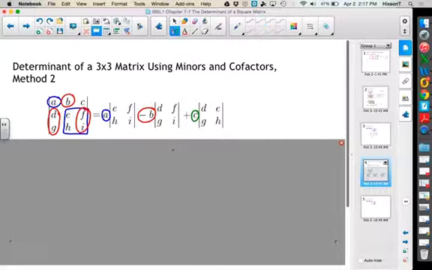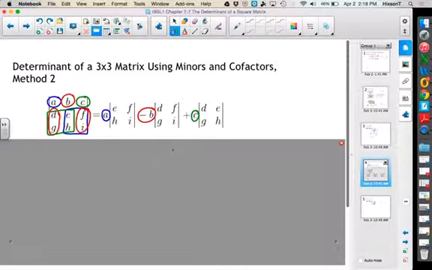Then lastly, C is here, but D, E, G, and H are right here. So can someone explain how we got those minors from the cofactors that we used? Maria? The ones that are not in the same column. Good. We use the ones that are not in the same column, and obviously not in the top row either.